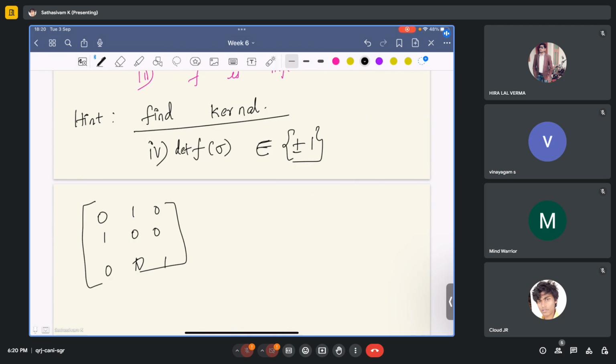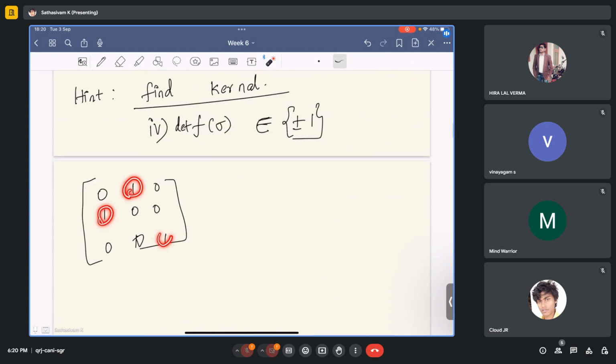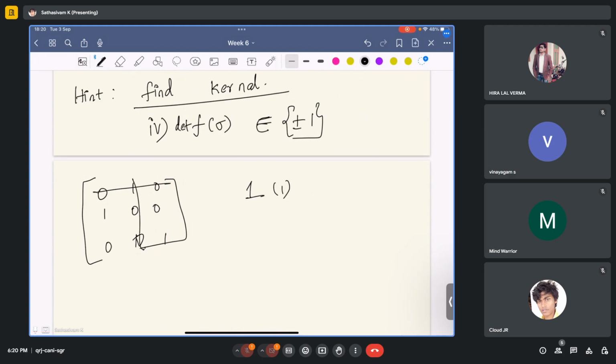When you want to compute the determinant, what you observe is that in every row and every column there is only one 1. You use the Laplace expansion, or whichever way you want. Let's say you expand in this way, so you kill both of these. The determinant is 1 times this, which you kill, so this is 1 again.